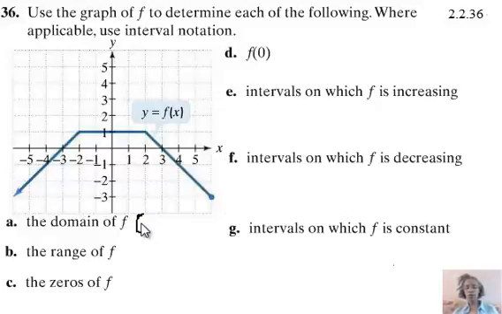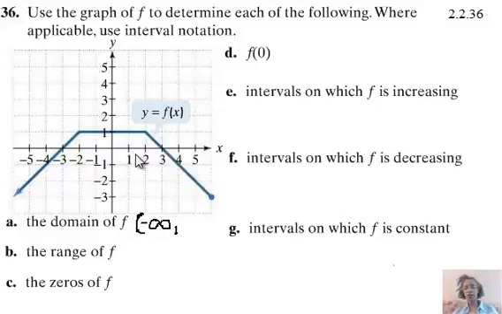So indefinite movement from the left is indicated with a negative infinity. And remember, our infinity symbols, both negative infinity and positive infinity, are always enclosed with a parenthesis when we use interval notation.